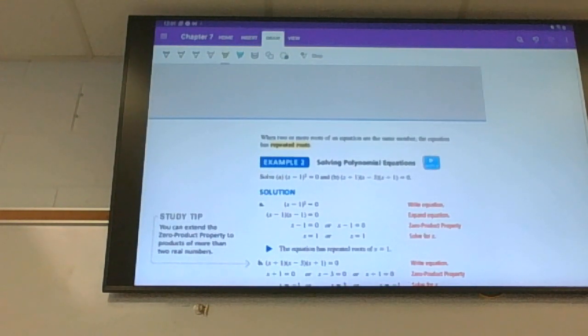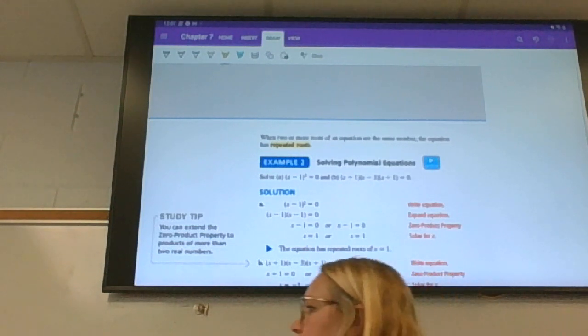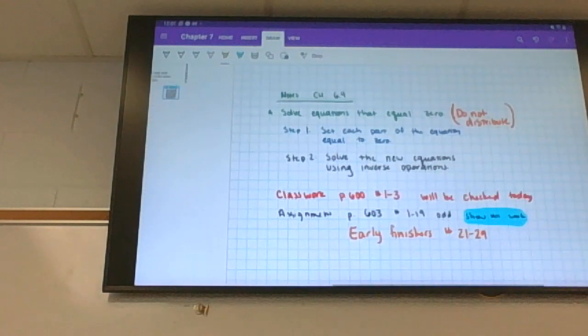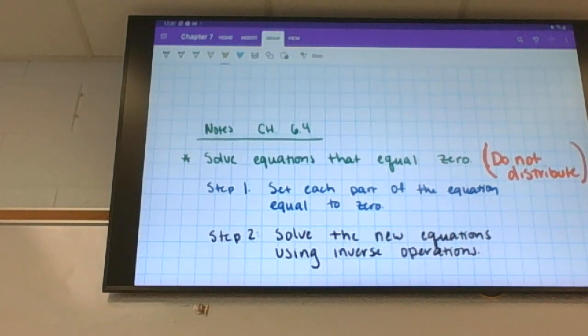If more than one root is the same number, it's a repeated root. Alright, here's your notes. Get started. After you copy the notes, we're gonna do 3 required classwork problems.